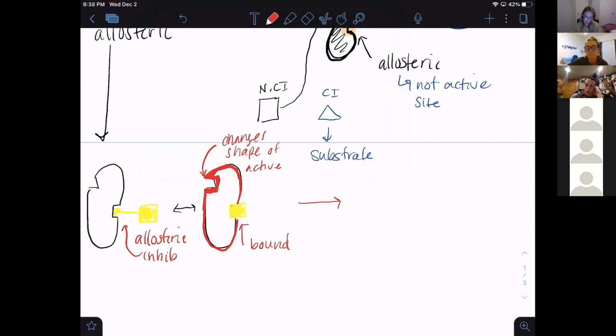In this question though, I think what he's looking for is non-competitive inhibition, because it's not going and searching for your active site. Do you see where we're at with that? So I don't like that question, and I'm going to have to edit that, or at least email him. He probably is looking for a non-competitive inhibitor for that question. But technically it should be allosteric inhibition.